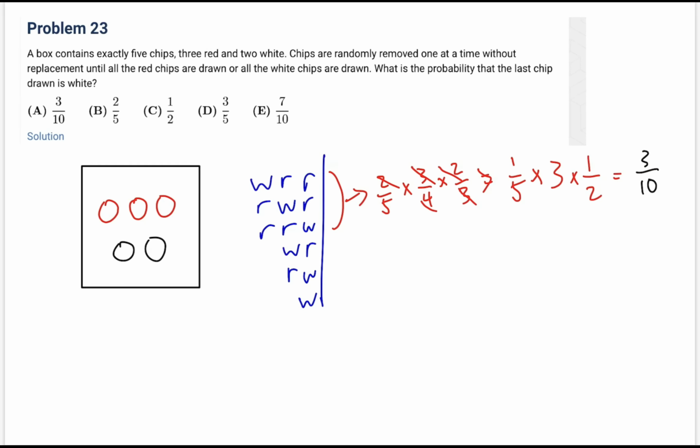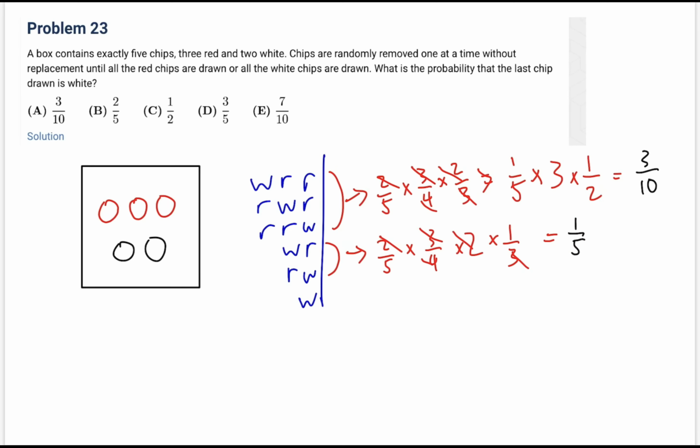And the second one is these two. These are 2 over 5 times the red, 3 over 4. And then here are 2, right? So it's 2, and then times 1 over 3. So these cancel and these cancel, so it's 1 over 5.